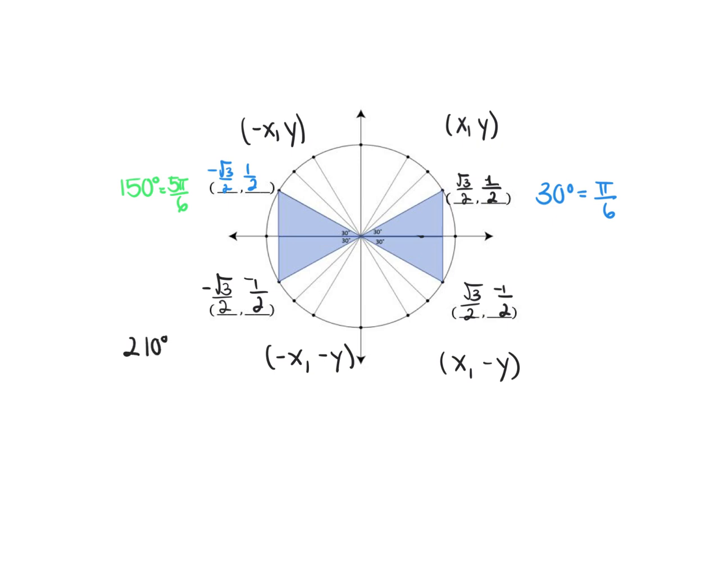So then we're going to convert 210 degrees to radians, and we get 7 pi over 6. And then lastly, we have a 330 degree angle, and we convert that to radians, and we get 11 pi over 6.